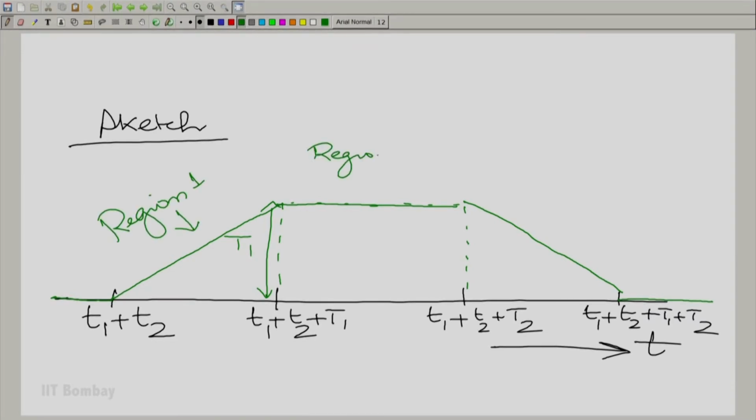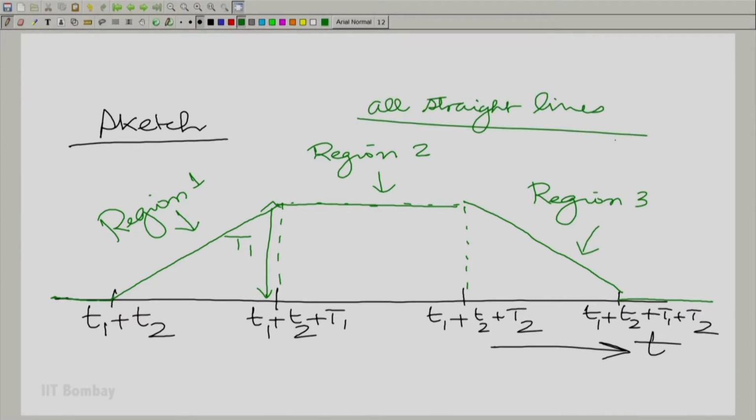Region 1, region 2, region 3, all straight lines, 0 here and 0 here. Now, notice something interesting. Here our convolution was simplified because you were always multiplying two constant functions and finding the area under a constant product.